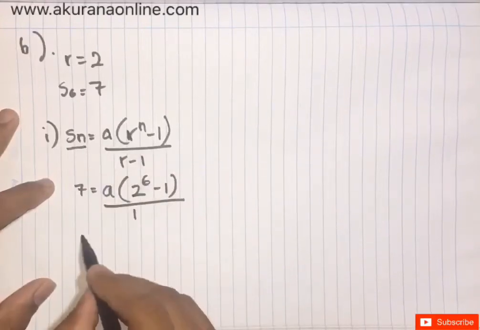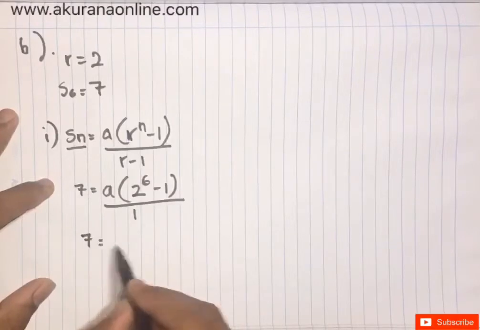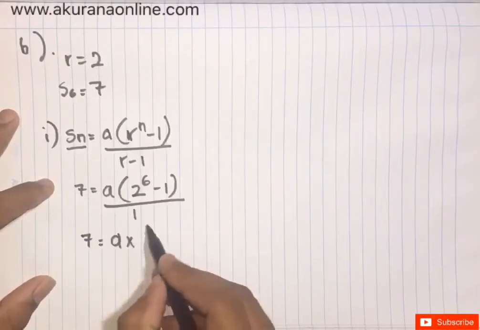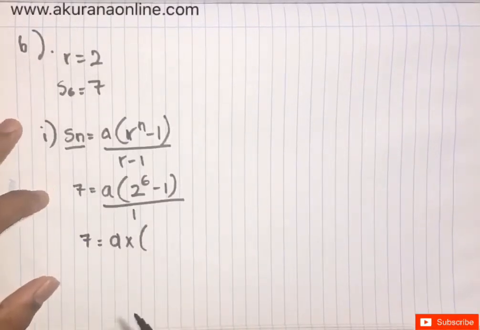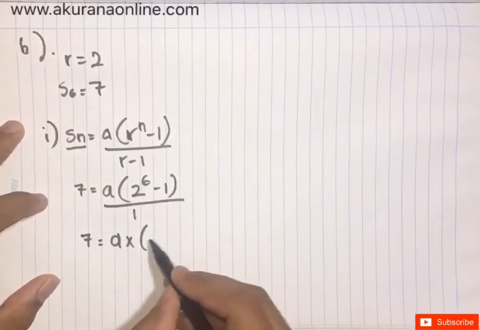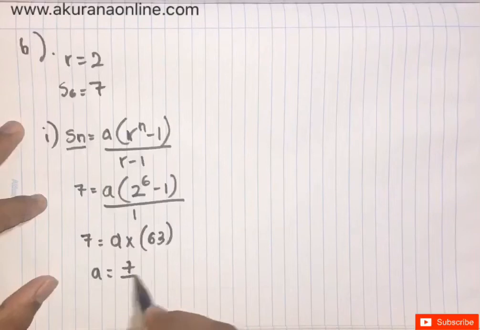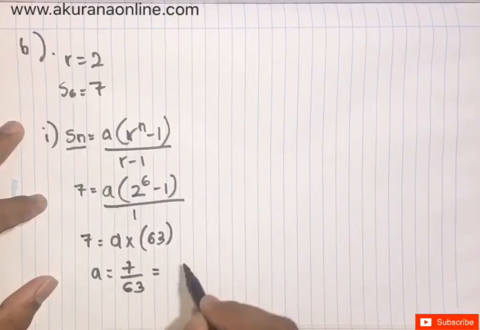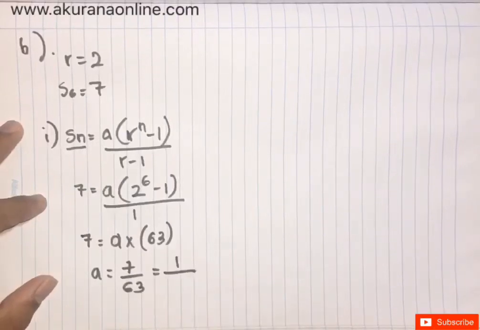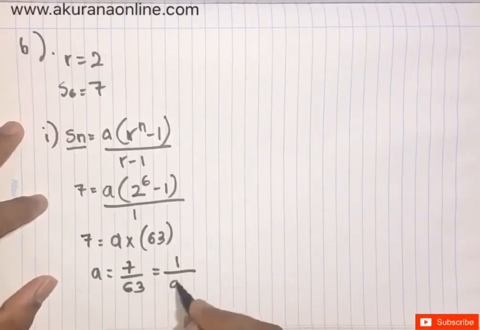Therefore, I can write 7 is equal to a into, how much is 2 to the power 6? It's equal to 64. 64 minus 1 is 63. Therefore, a is equal to 7 over 63. If you simplify, you will get 1 over 9.